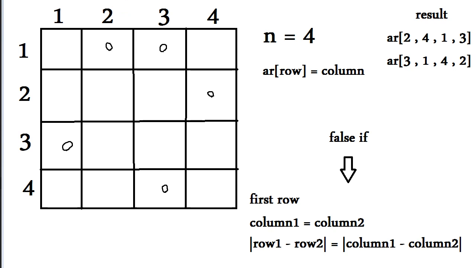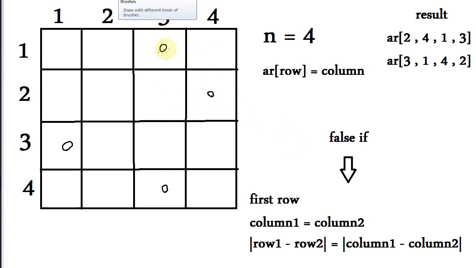So now the array is overwritten. What was previously 2 now becomes 3 for the first index. So it gets removed, overwritten. Now our third index, third column has a queen in it.